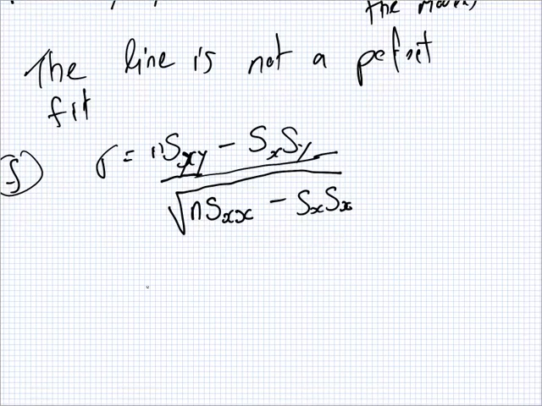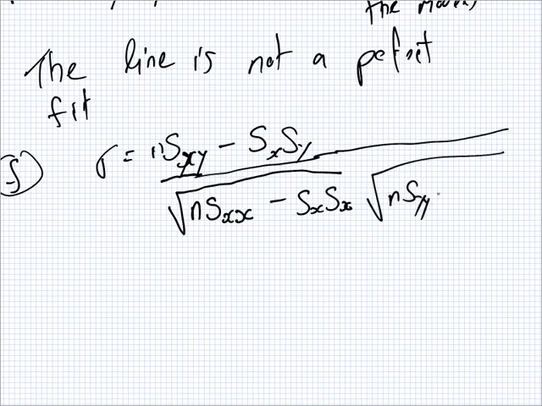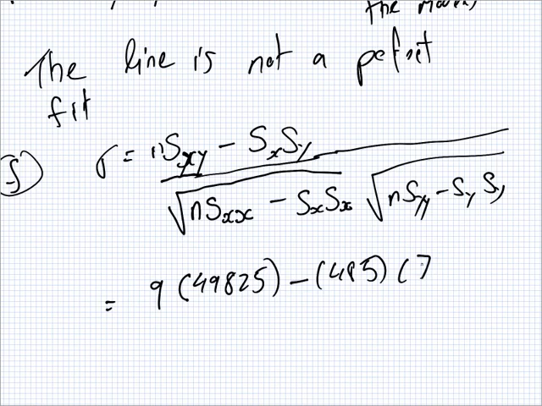So where does the N go? It's in the bracket, and then multiplied by another square root. I'm tired. And N SYY minus SY SY. So the N is 9, the SXY is 49825, the SX is 485, the SY is 776.